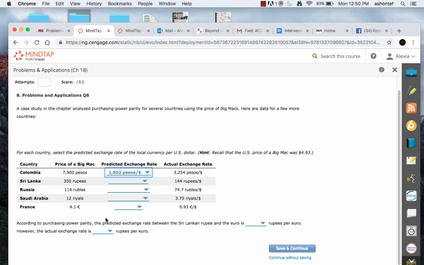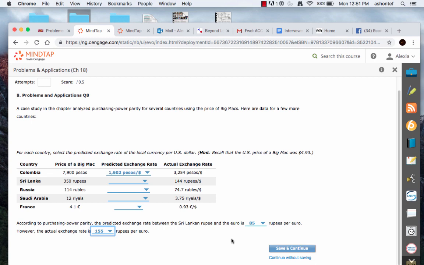Then I'm just going to give you the numbers for purchasing power parity. The number here will be 85, and the number for the euro will be 155. Purchasing power parity is the idea in economics that a unit of any currency should be able to buy the same quantity of goods in all countries.